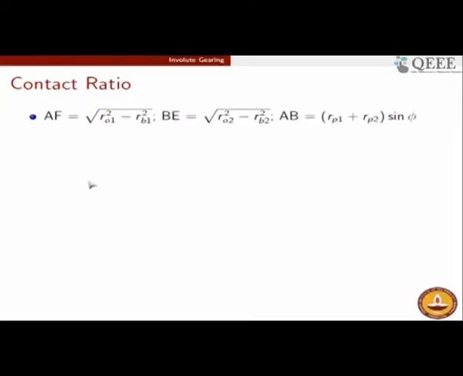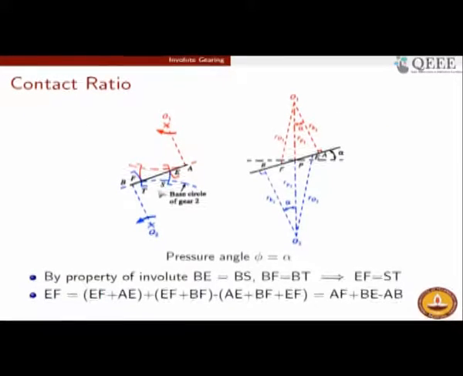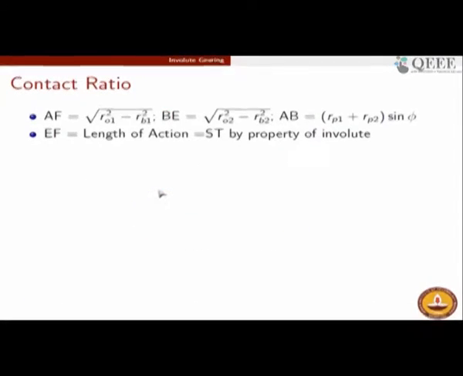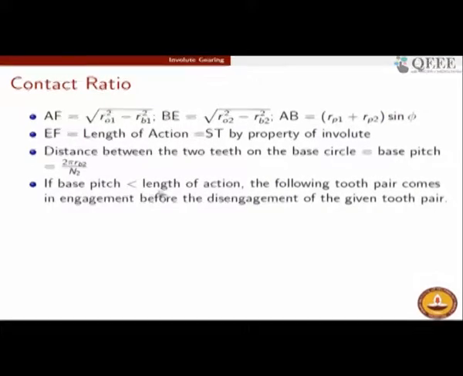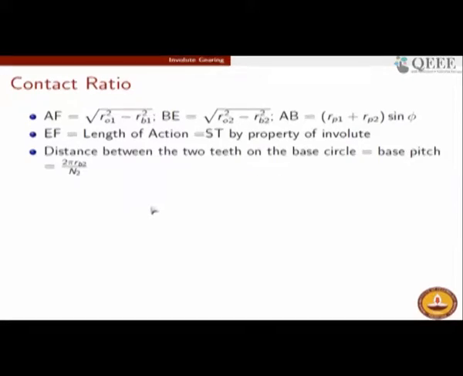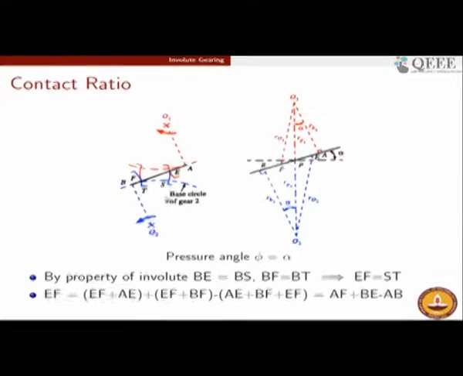So for gear 2, this base pitch is going to be 2 pi rb2 by n2. Now what we must ensure is that this base pitch must be less than the length of action, which basically means before this tooth of gear 2 proceeds into position T, the succeeding tooth of gear 2, which is not shown here, actually comes and takes this position of S.